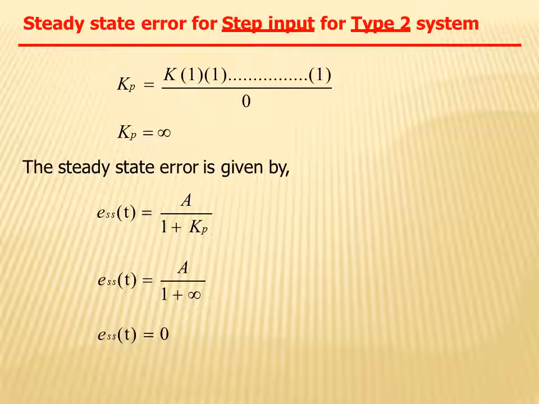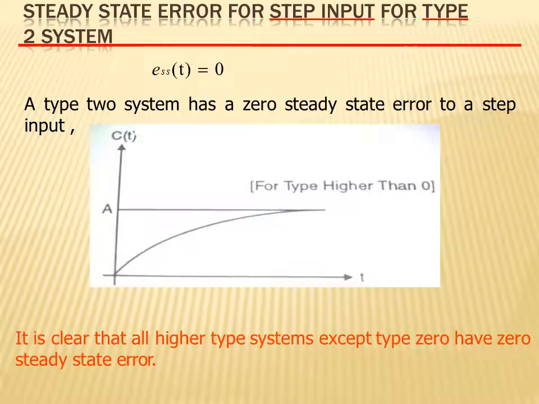Here Kp is equal to infinity for type 2 system. So ESS of t is equal to 0. Therefore we can say that steady state error for step input for type 2 system is 0. And graphically it is represented like this. So for the higher types of system except the type 0 system we have 0 steady state error.